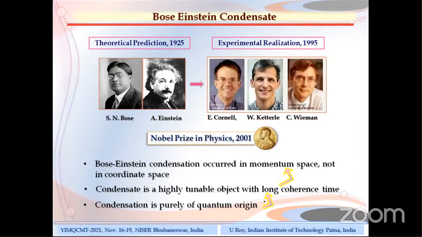And the specialty of this system is that it is not only a quantum system, a giant matter wave, it is also a highly tunable object. And it also has a high level of coherence. The reason is that this system is amenable to outside lasers, and lasers are very much tunable, so one can tune the system and control the dynamics by tuning the outside lasers.